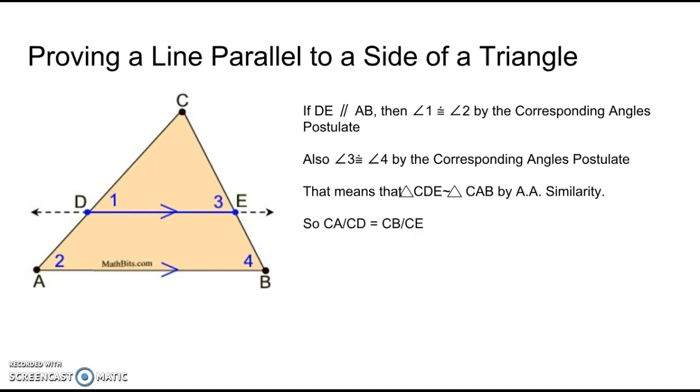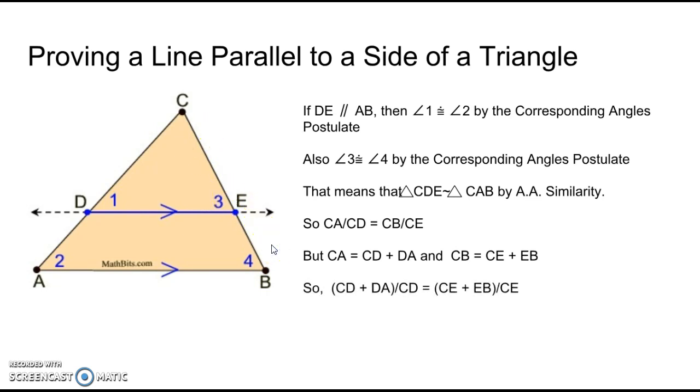So, since the triangles are similar, CA to CD would be the same as CB to CE. But if you notice, CA would be made up of segments CD plus DA, and CB is made up of CE plus EB. So if I do a little substitution, we get CD plus DA to CD is the same as CE plus EB to CE.